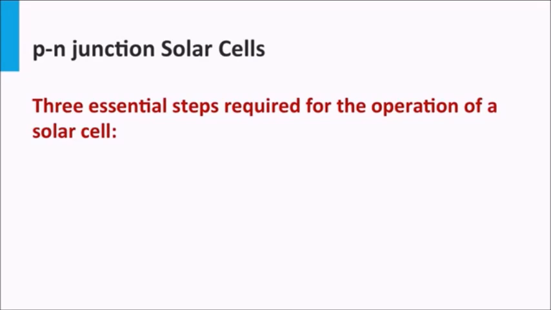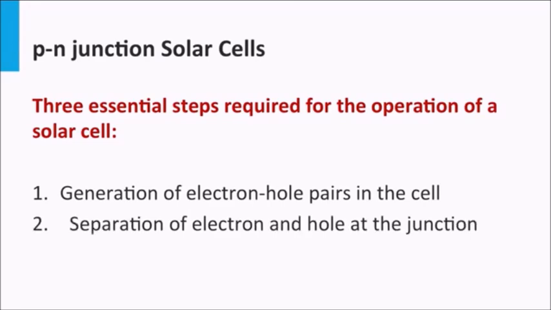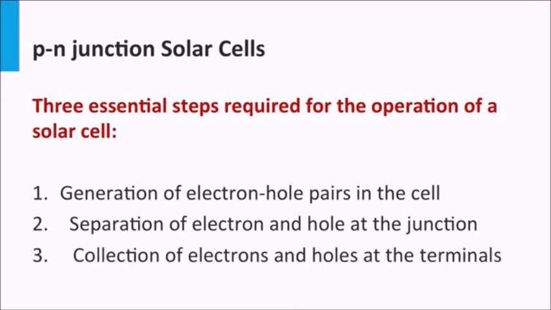As discussed in the first week, the photovoltaic effect has three essential steps: generation of electron-hole pairs due to light absorption, separation of electrons and holes, collection of electrons and holes at the contacts. Step 1 takes place in the semiconductor material, step 2 occurs at the space charge region, and step 3 takes place at the terminals. We now are familiar with the working principle of a solar cell.